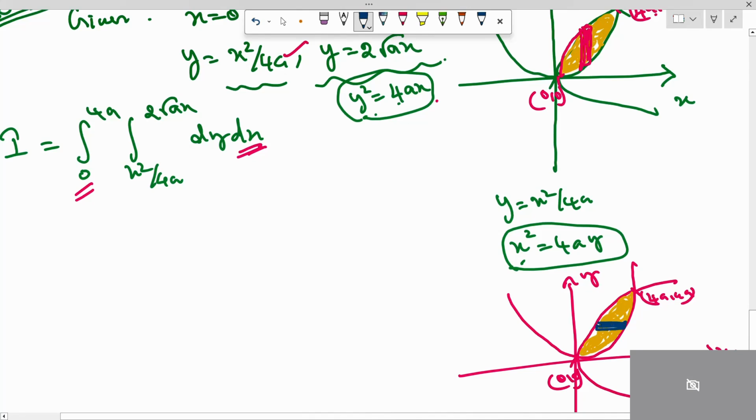And then in the usual way we can calculate the limits. Okay, here strip direction is perpendicular to y axis, which means y limits are constant here. First we are going to calculate the y limits.